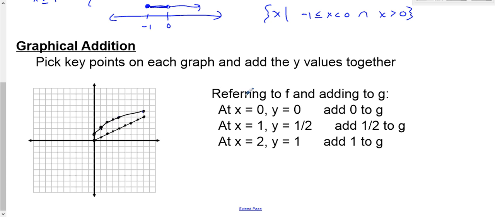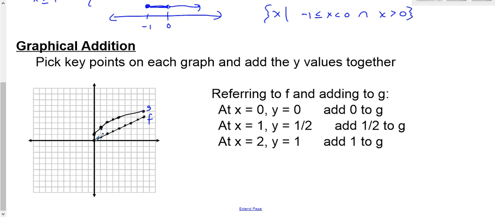So if I'm referring to the function of f, and f is the bottom graph, the linear function here, and g is the graph up above, I'm referring to f when I say x equals 0 and the y value of that point, and then I'm going to add it to g.